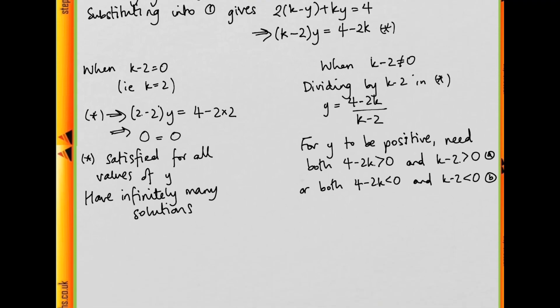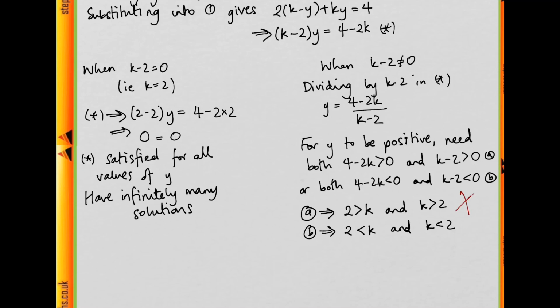And if I've called this first condition A and the second line B, if we rearrange these to get k on one side, this first one gives us that 2 is greater than k. This second inequality gives us that k is greater than 2. So k has to be both less than and greater than 2 at the same time, which is not possible.